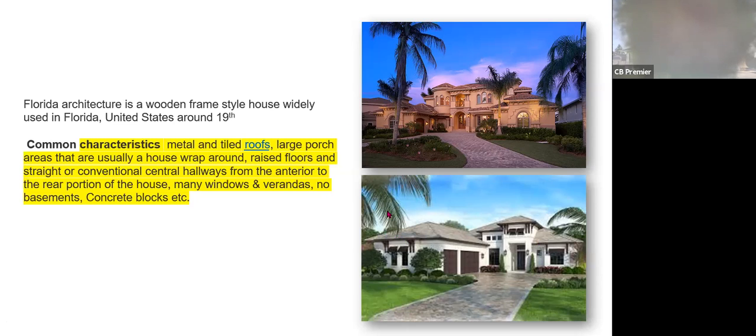It'll have kind of a wrap around, like this is wrapping around. This one tends to have more of the squared features. This one here incorporated a lot of your rounded edges and stuff. And they'll have verandas and things like that. Plus no basement because they don't need one in Florida.